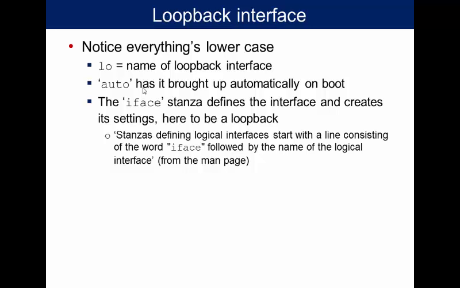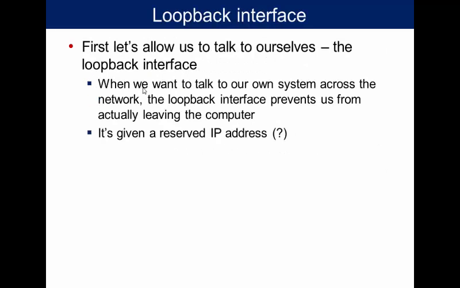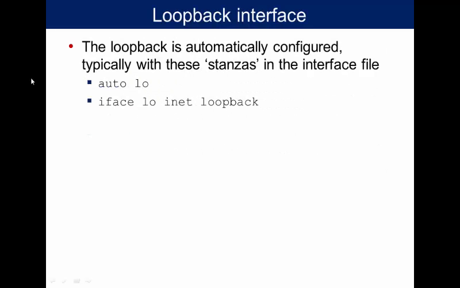How does it work? It works that way because we have interface configuration. As we looked at here, this is the interface configuration, right? As we looked at, that interfaces file has these two lines.